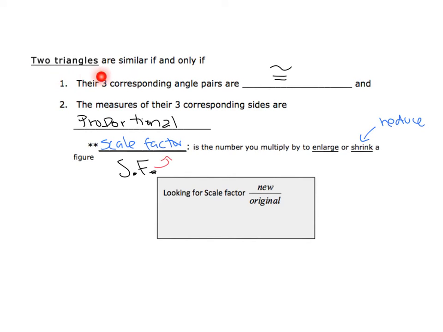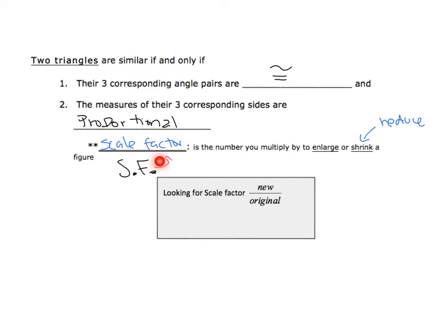All right, so two triangles are similar if and only if, a biconditional, their three corresponding angle pairs are congruent and the measures of their three corresponding sides are proportional. We'll be using scale factor, so there's a vocab word to help determine proportionality as well. When you find proportionality, the ratio that you're actually looking for is known as the scale factor.